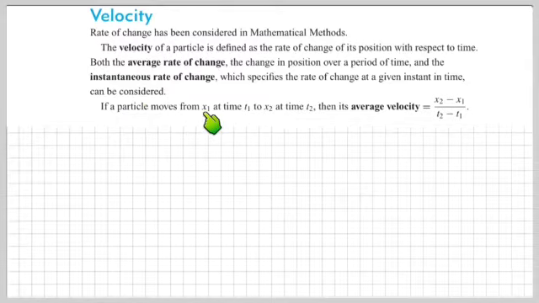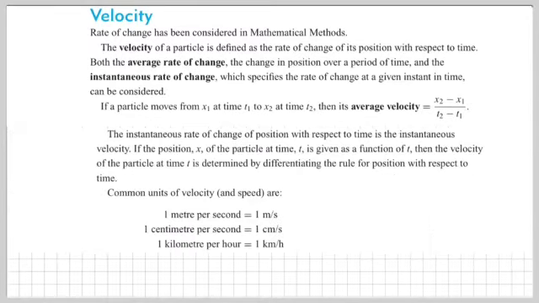If a particle moves from x1 to x2, in the time interval t1 to t2, then the average velocity is just the change in position over the change in time, without any consideration of what happens in the intervening interval. It's the final position minus the starting position over the final time minus the initial time. That is the average velocity.